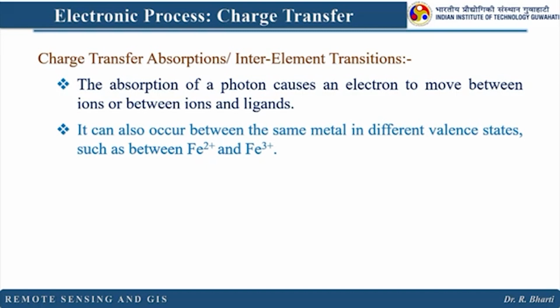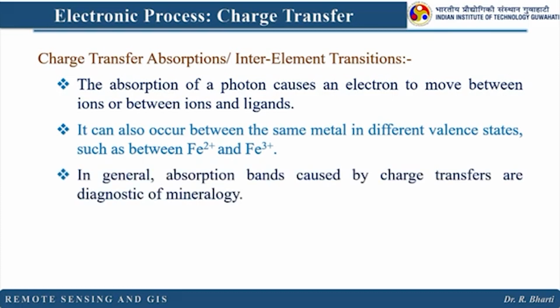It can also occur between the same metal in different valence states, such as between Fe2+ and Fe3+. In general, absorption bands caused by charge transfer are diagnostic of mineralogy. So, here it is very important that absorption bands caused by charge transfer can be used in mineralogy.